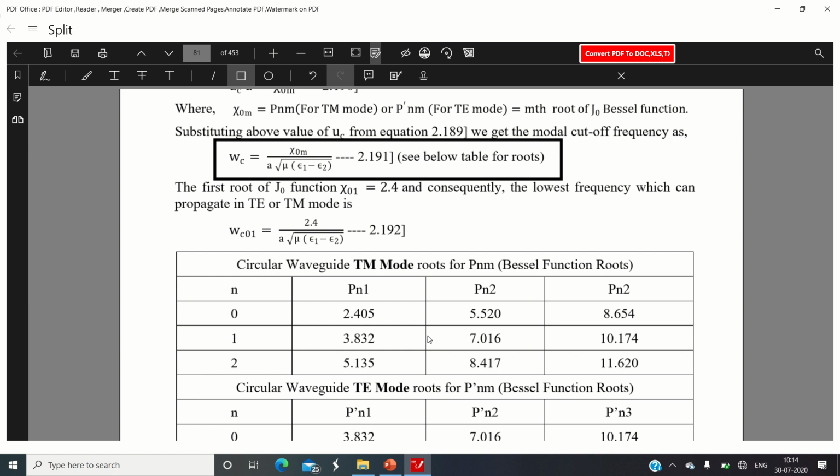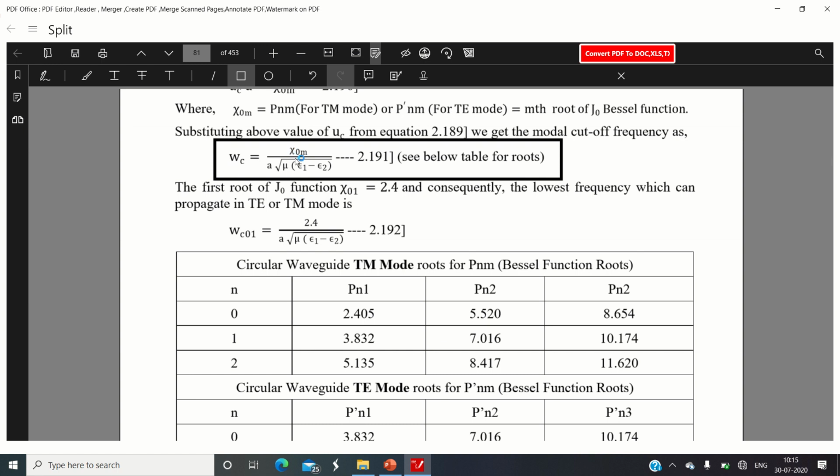It is equal to, in the numerator, chi 0 m divided by a into the square root of mu into the product of the difference between the first dielectric material and the second dielectric material, where epsilon 1 is the dielectric material which is placed inside that circular waveguide, and epsilon 2 is the dielectric material which is surrounding the circular waveguide. Normally if we take air as a surrounding material, epsilon 2 will become equal to 1.